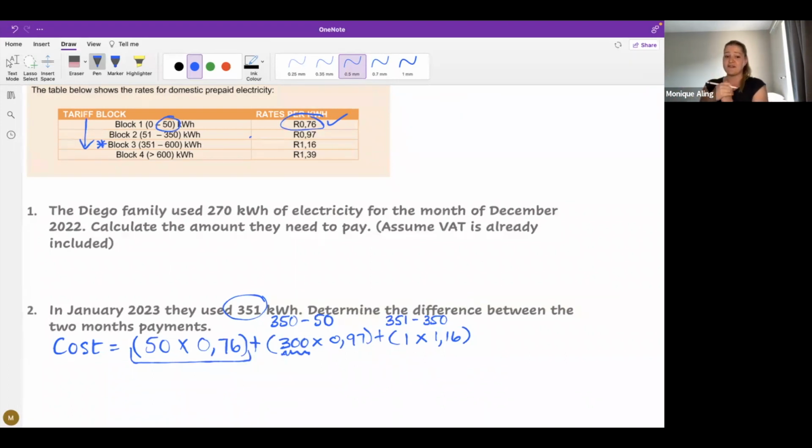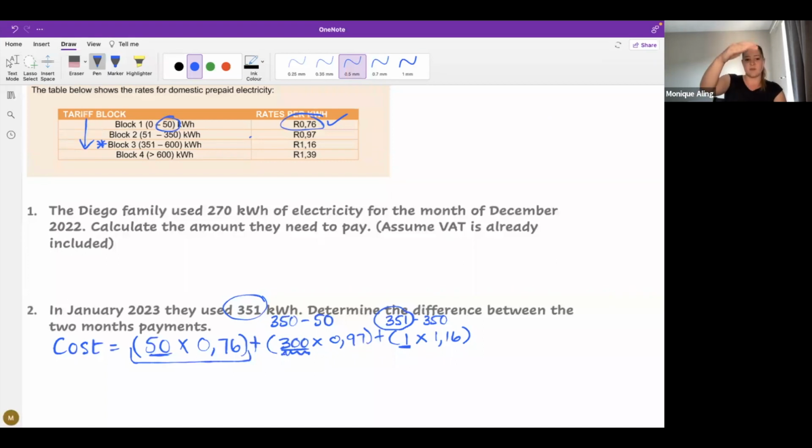So I'm saying 350 minus the 50 that they've been charged for at the cheaper rates. And then that's why in the last bracket, I said 351, because that's actually how much they used. But in total, I've already charged them for 50 and 300, which makes 350. So that's why I'm left with 1 unit in the last bracket.